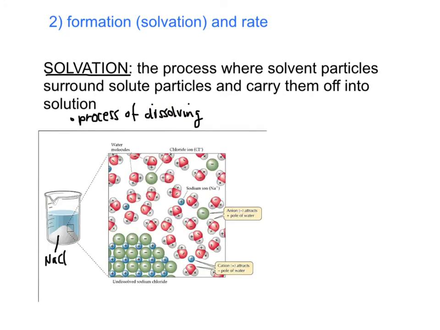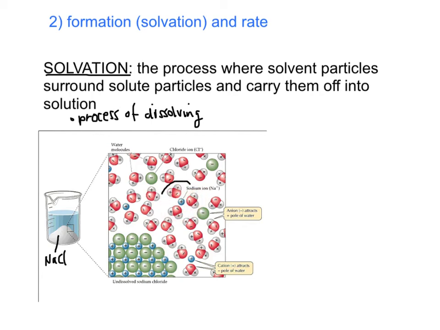For something ionic, when it dissolves, so here's, say, a chunk or a crystal of salt made of sodium and chloride ions. The solvent, which in this case would be water, would come in and just start plucking these ions away from each other and carrying them off into solution.